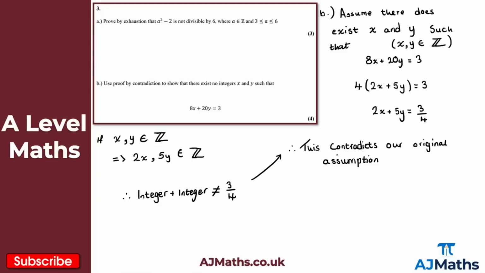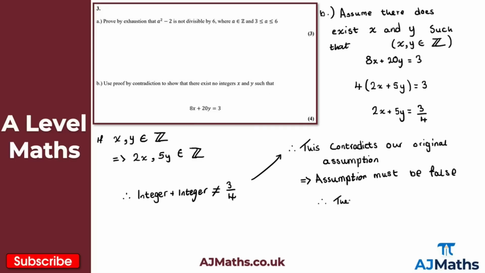So in other words, the assumption must be false. And therefore, just to finish here, we say, basically, there exist no integers x and y such that ax plus 20y is equal to 3.